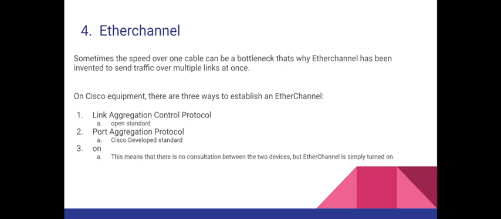There are basically three different modes: Link Aggregation Control Protocol, Port Aggregation Protocol, and simply on. It's a little bit confusing, but it's just the way it is. This is how they call it. Link Aggregation Control Protocol is an open standard. Port Aggregation Protocol is a standard developed by Cisco. And on is basically just on, so there's no conversation between the two devices, but EtherChannel is simply turned on.